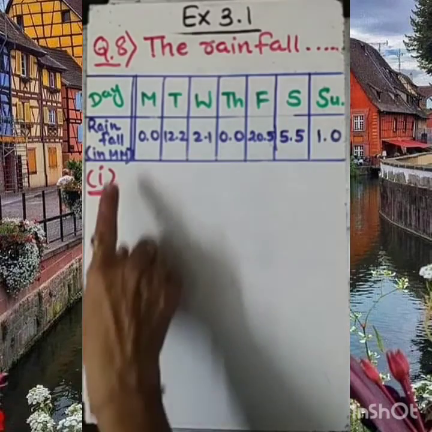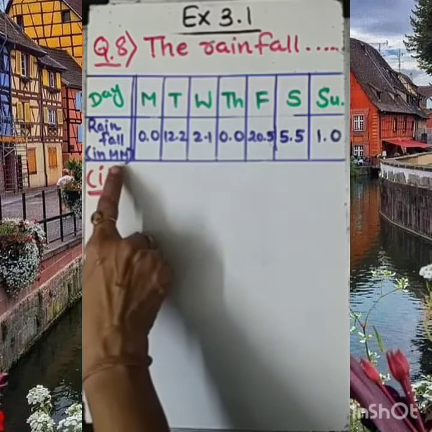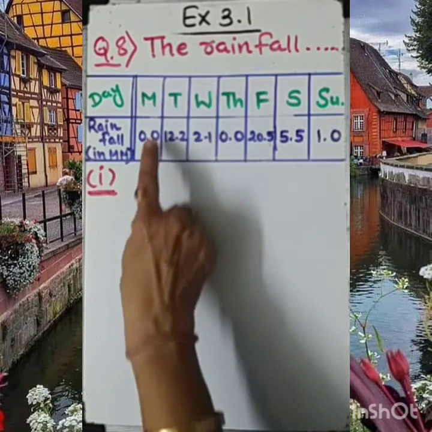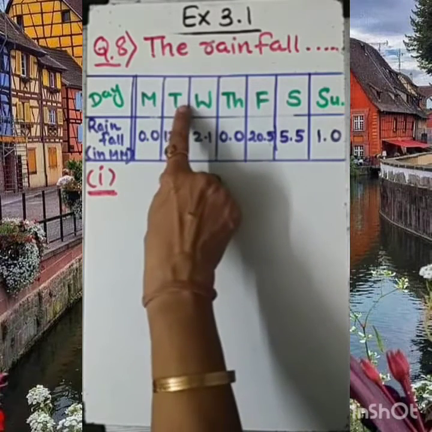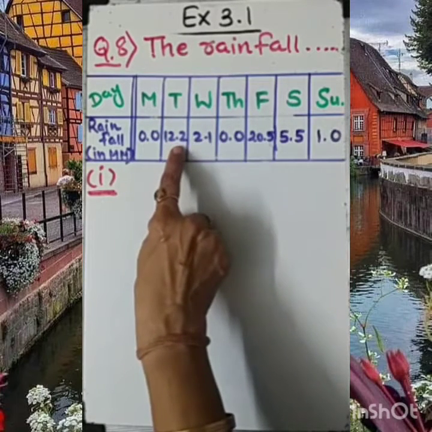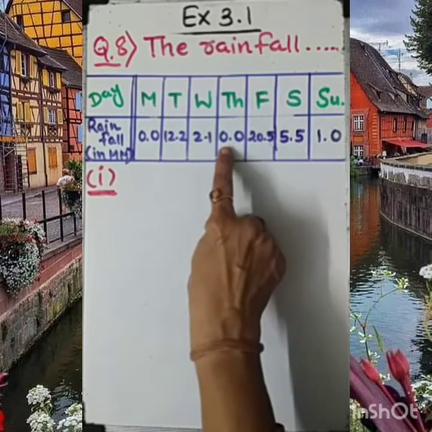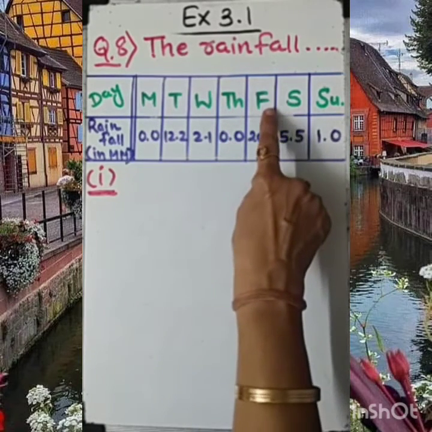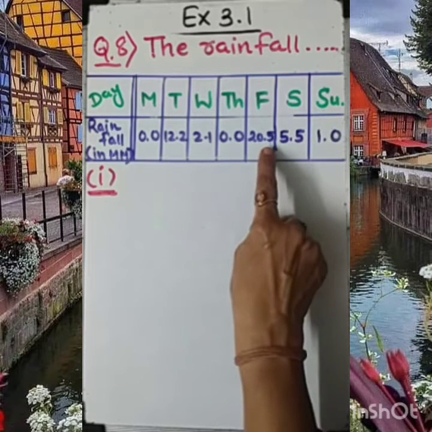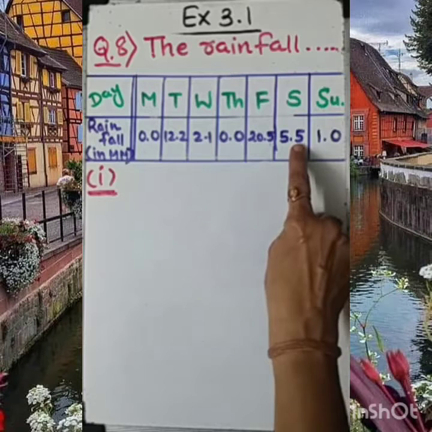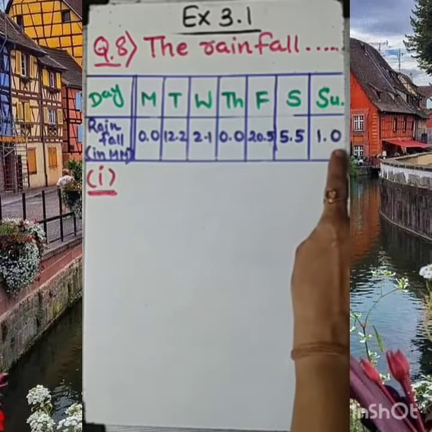The rainfall, here it is rainfall in millimeter, we are given: on Monday 0.0, Tuesday 12.2, Wednesday 2.1, Thursday again 0.0, on Friday 20.5, Saturday 5.5 and on Sunday 1.0.